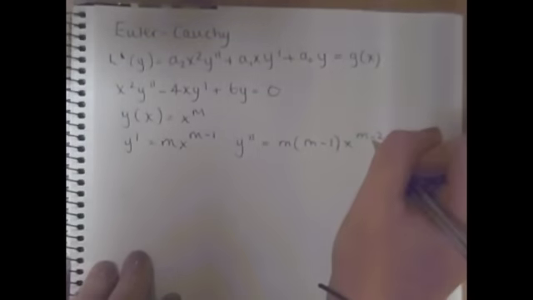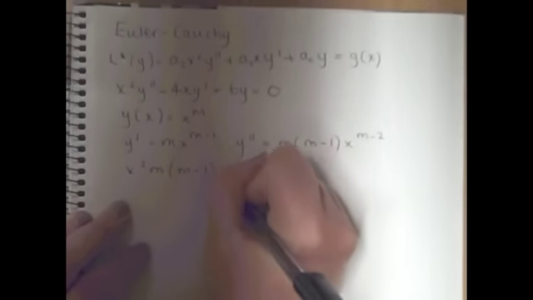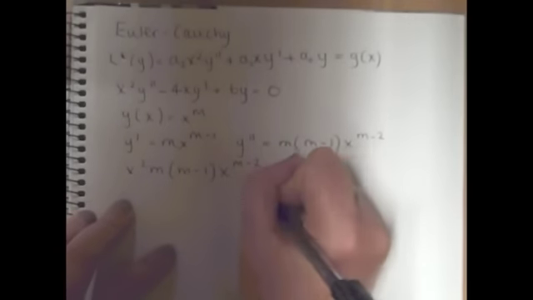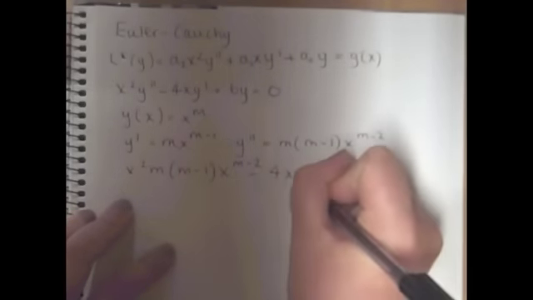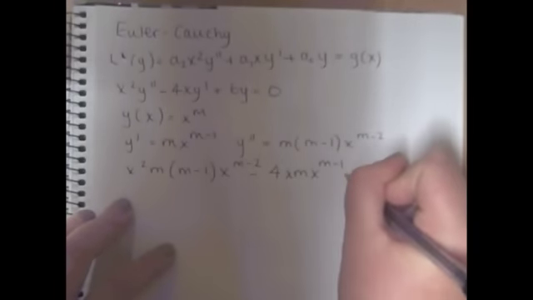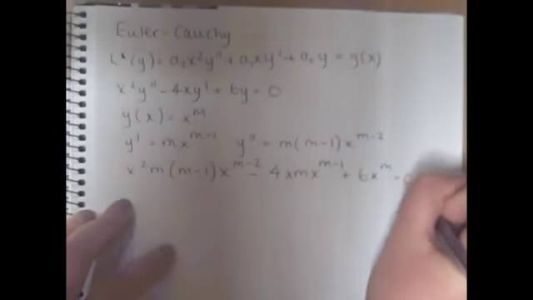We then apply this to the original equation, so we get x² m(m−1) x^(m−2) − 4x · m x^(m−1) + 6x^m = 0.